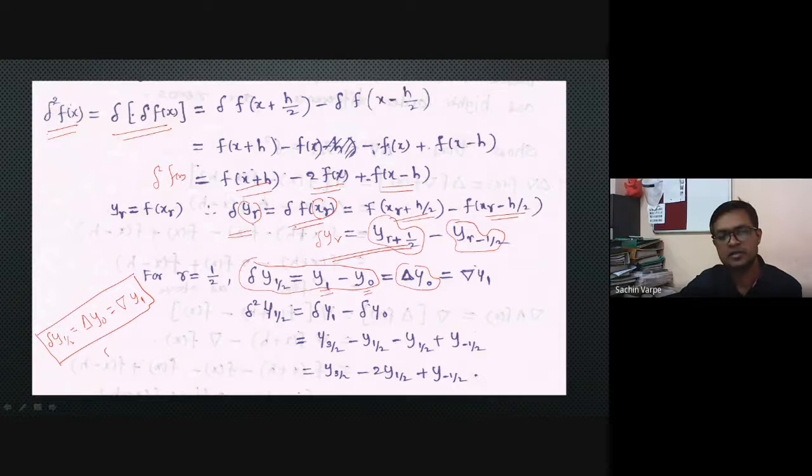Similarly, delta square of y half is what you can substitute. Y half means r is half, remember, r is half, so half plus half is 1, that is why y1. But half minus half will be 0, so that is why y0.